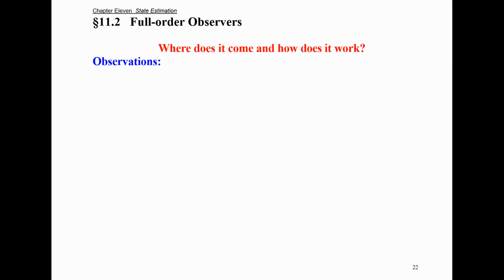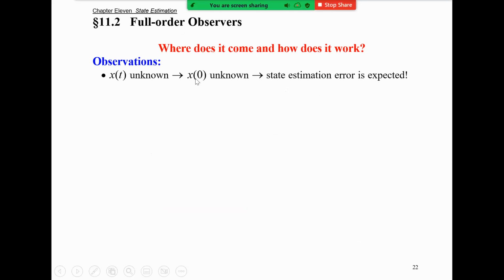Okay, so what we have observed is, we want to estimate x, right? Of course, we don't know the x. We don't even know the initial state. If we know the initial state, it is simple.